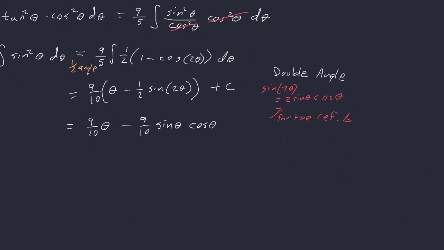We had that x was 5/3 secant theta. So multiply by the reciprocal and get 3x over 5 is equal to secant theta.